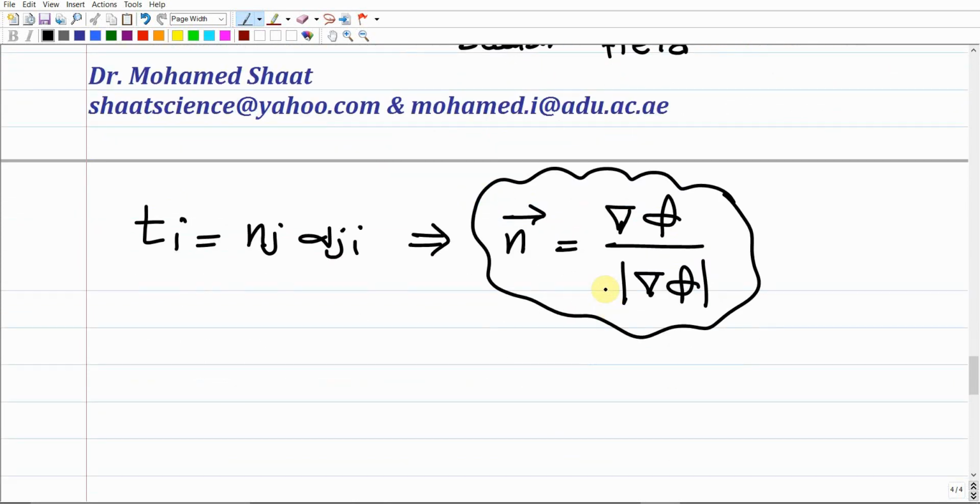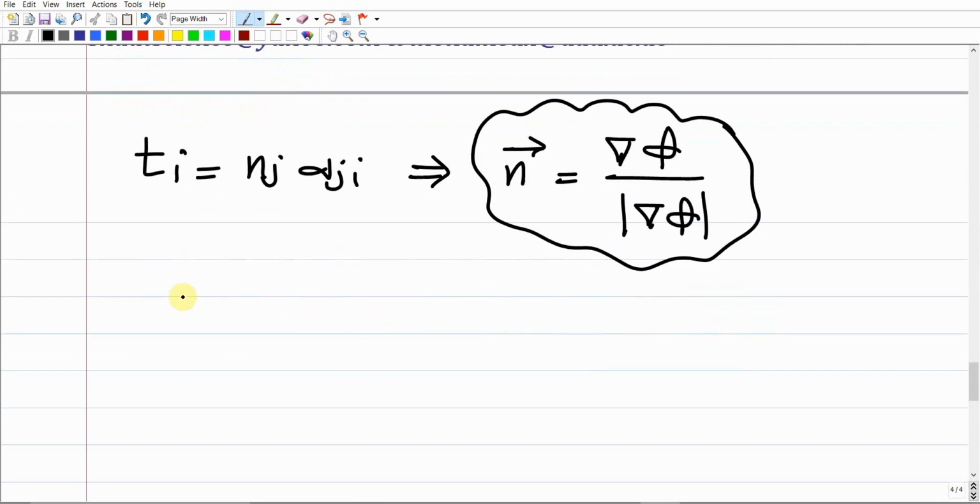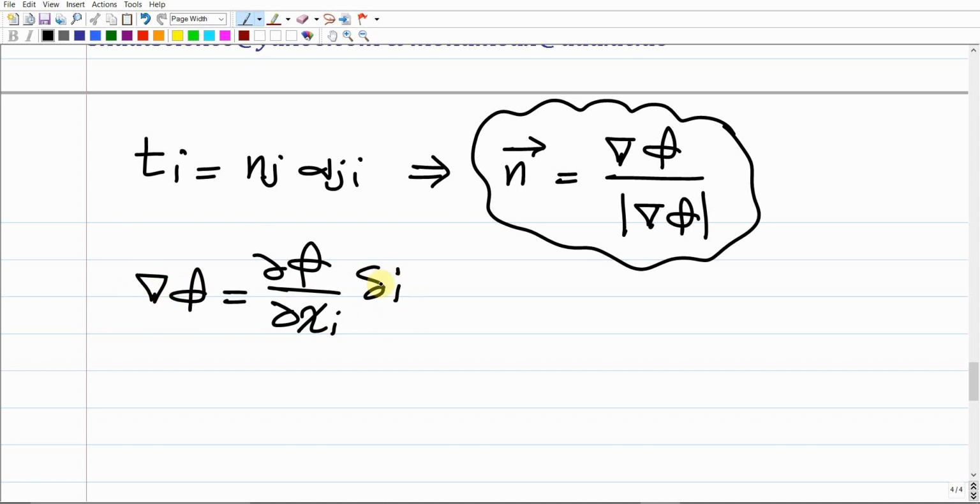The gradient of a scalar field, as we defined it before, should be the partial derivative of phi, the field itself, with respect to xi. If we decide to get rid of the vector notation, now we're going to use the index notation in terms of the components, delta i, where this is the unit vector indicating that these are the components.